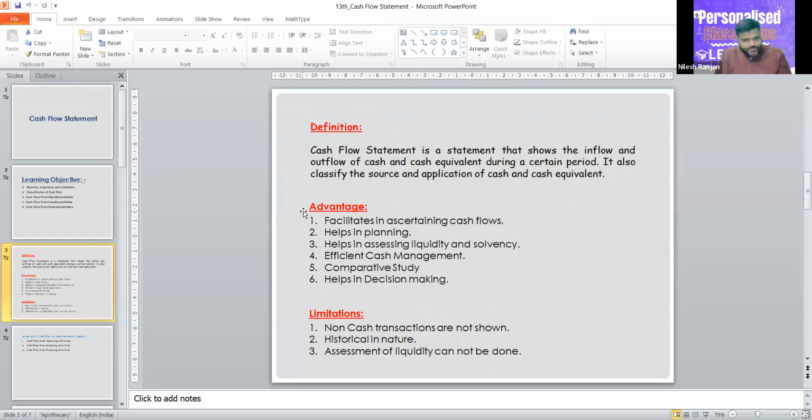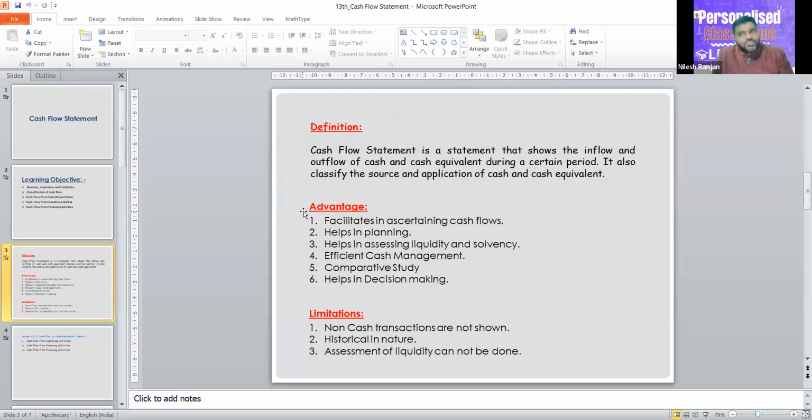Now, limitations. Whenever I see limitations, maybe this is just my opinion, I find it very difficult to relate to the topic. Like in this situation, the first limitation is that non-cash transactions are not shown.